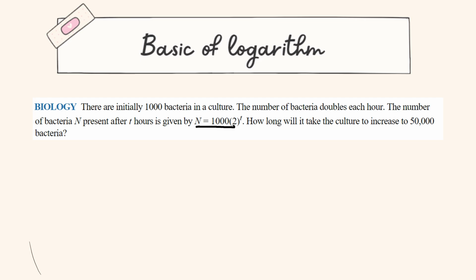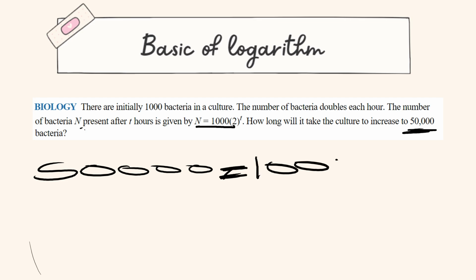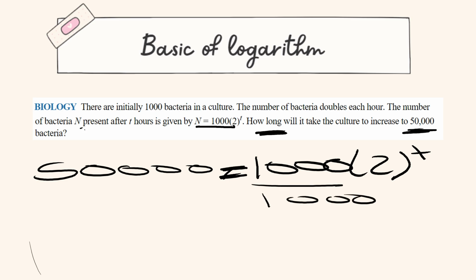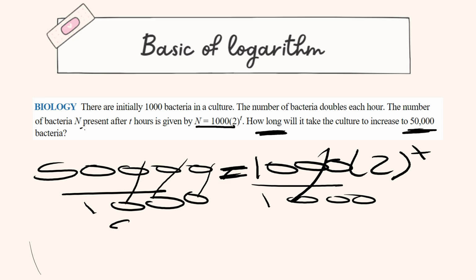So we know that the number of bacteria is n, so we would replace this with n. So 50,000 equals 1,000 times 2^t. We want to find t, which is the time. We would divide by 1,000 on both sides, so this would cancel, leaving us with 50 equals 2^t.